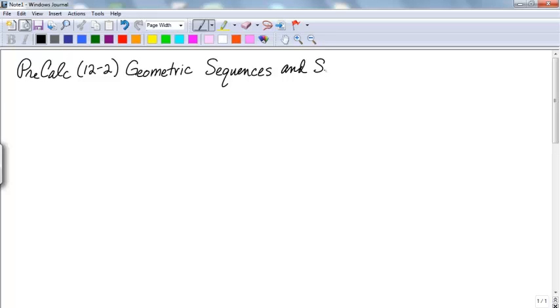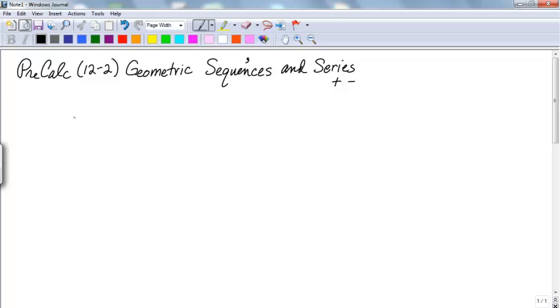Remember, one thing we said yesterday was that sequences are separated by commas between the terms, and series are separated by plus or minus signs between the terms.